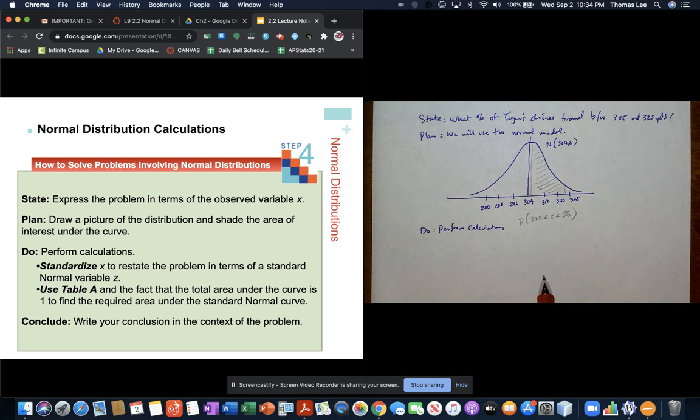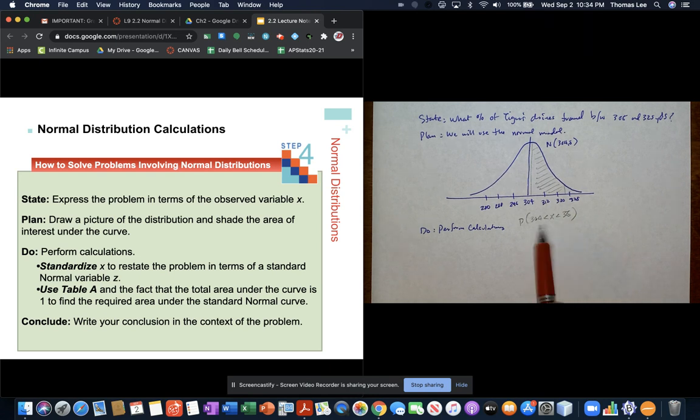You could, but since I'm an AP reader, I know the step that you can do instead of redrawing this and putting 0, 1, 2, 3, -1, -2, -3 and shading the region of interest: all you have to do is figure out these two z-scores. We got a little unlucky. A lot of times it's a right tail or a left tail, and then you only have to figure out one z-score.